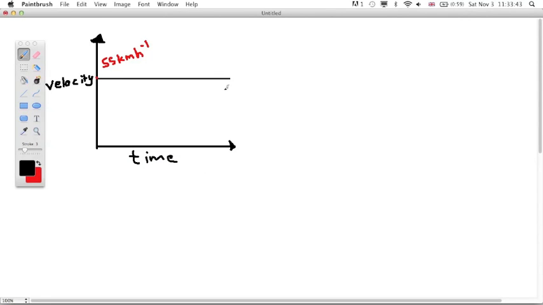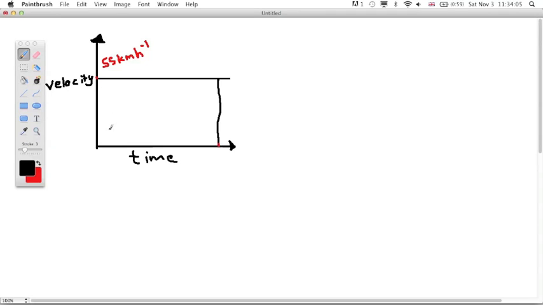Now, another factor that you really need to know for graphs is the area below the graph, because that is quite important in grade 9. If you're confused what the area shows, just do basic maths. How do you find the area of a rectangle? Well, it's quite easy.